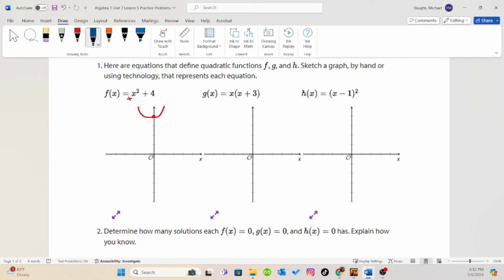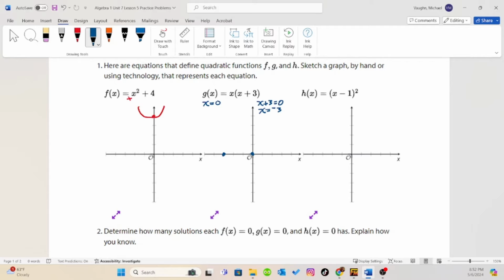Function g. We have a factored form here. So we're going to have x equals 0, which puts an intercept at the origin. And we know that x plus 3 equals 0, which means x equals negative 3. So we're going to have a second x-intercept at negative 3.